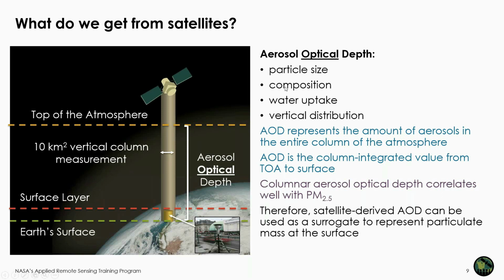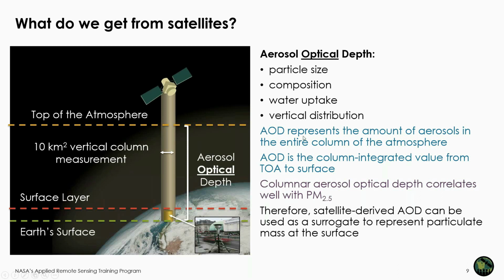One can also infer the composition if you are observing aerosols at different wavelengths in the electromagnetic spectrum, especially in the visible region. Water uptake as well as their vertical distribution can also be studied using satellite sensors like LiDARs, which depend on laser sources.